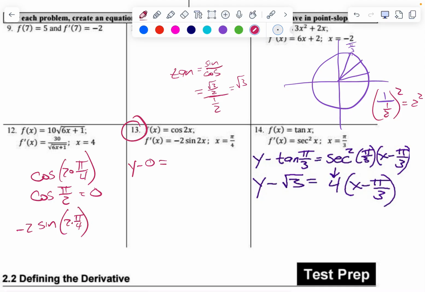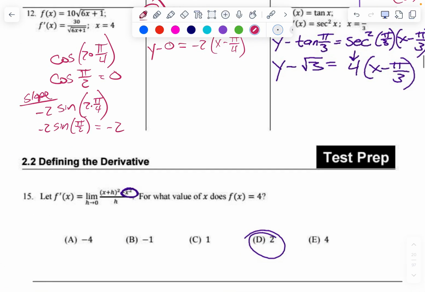What is the sine of pi over 2, which is what comes inside? What's sine of pi over 2? Yep. And then multiply by negative 2. So our slope is negative 2, x minus pi over 4. Does that help? Any other questions on that one? Yeah. The textbook number is 17. Okay.